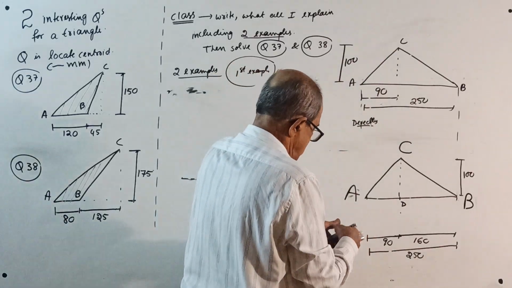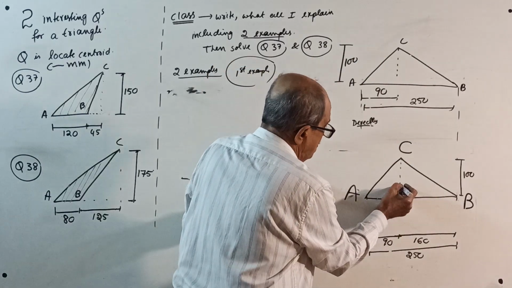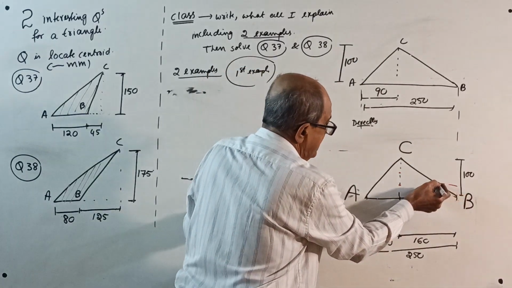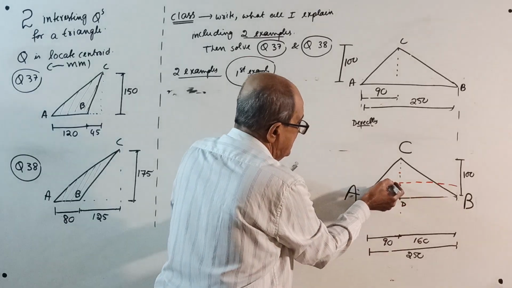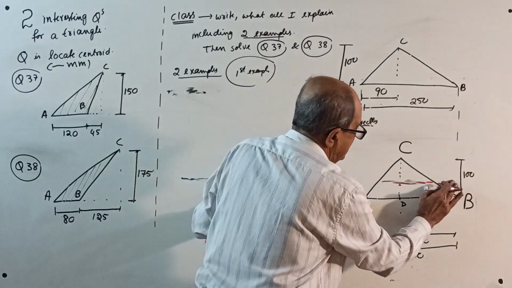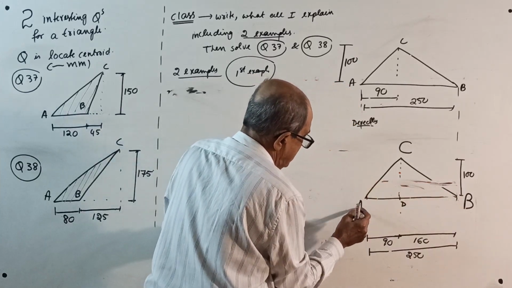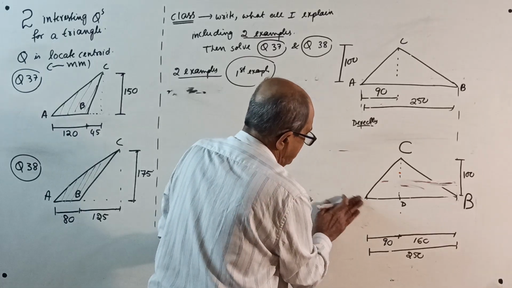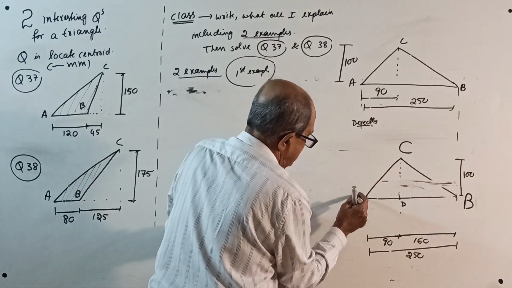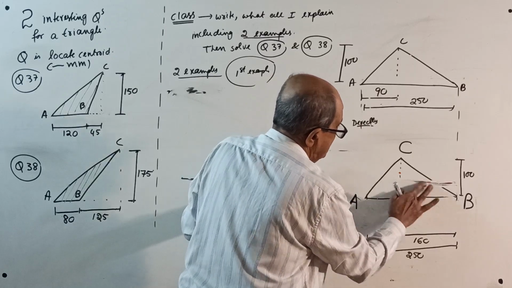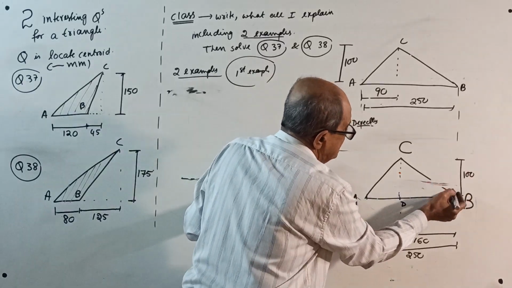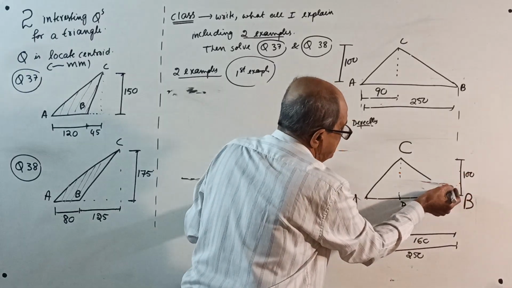So, make a note. Centroid will be here, a little further down. Now, along the height, it is 1/3.